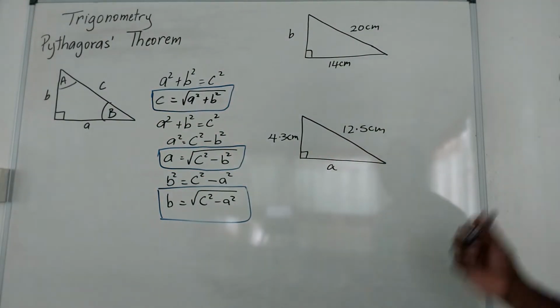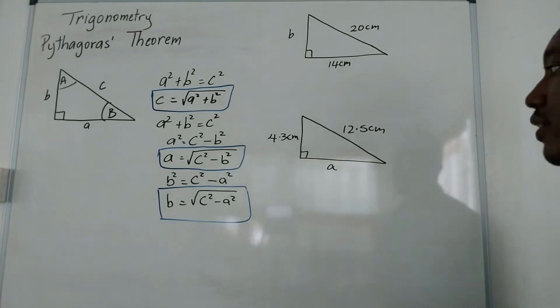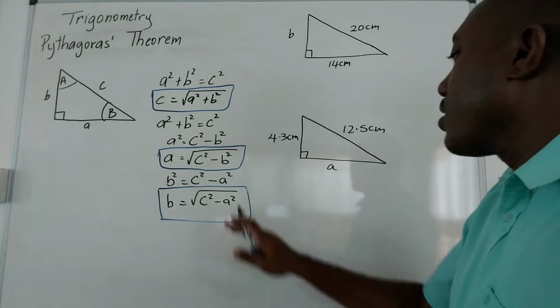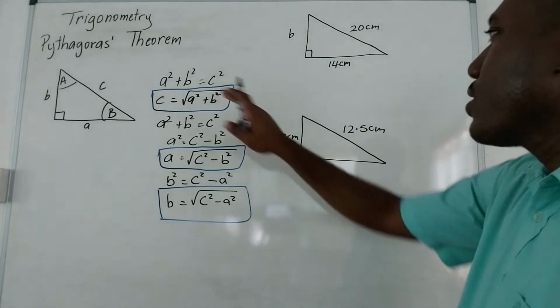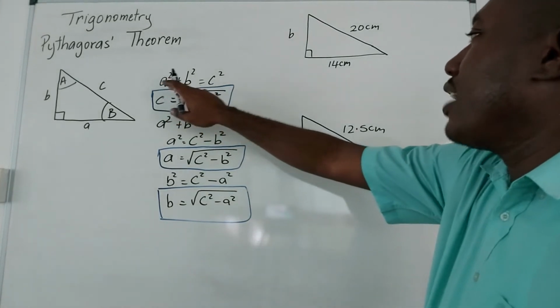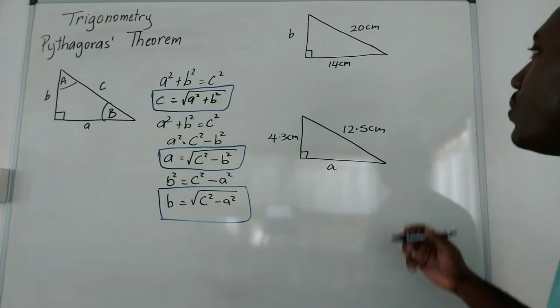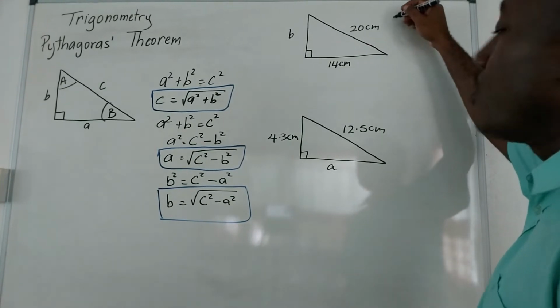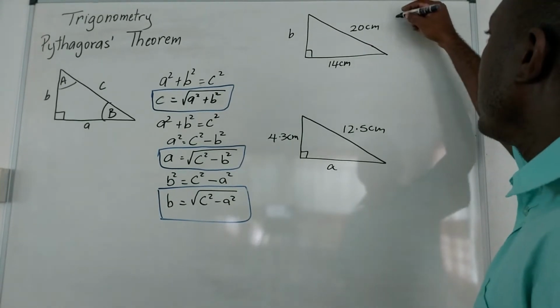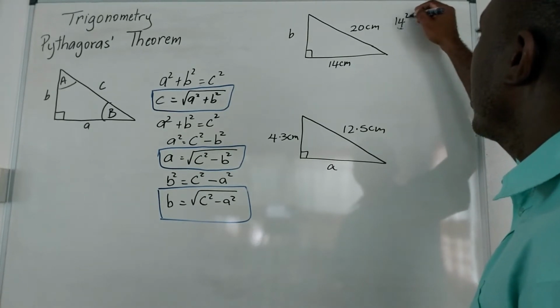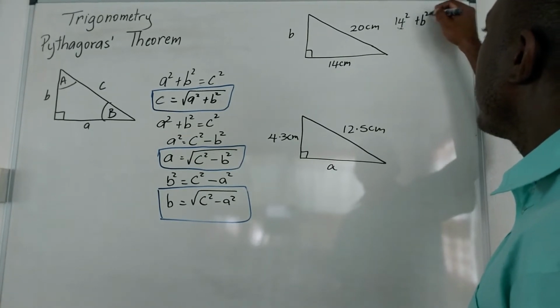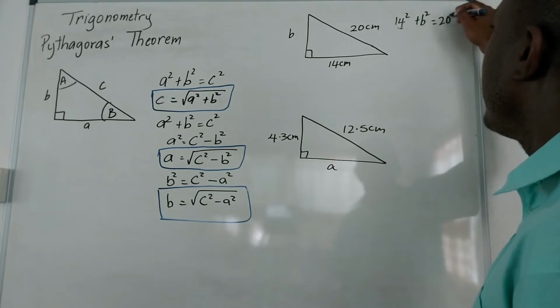So using our formula to find b, it's the square root of c squared minus a squared. So let's go back here. Let's start with this formula. So if we said that it will be 14 squared plus b squared will be equal to 20 squared.